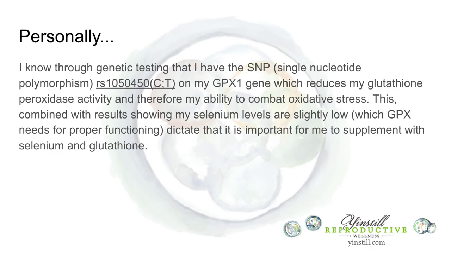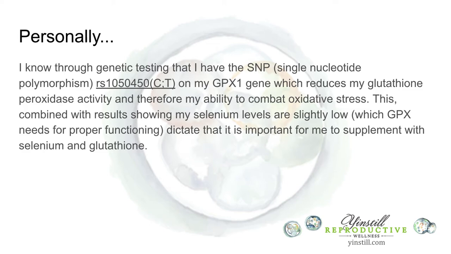Personally, I know through genetic testing that I have the SNP, or single nucleotide polymorphism, rs1050450, and the CT allele on my GPX1 gene, which reduces my glutathione activity and therefore my ability to combat oxidative stress.